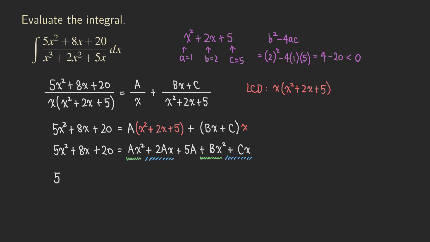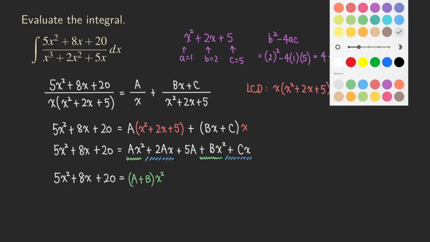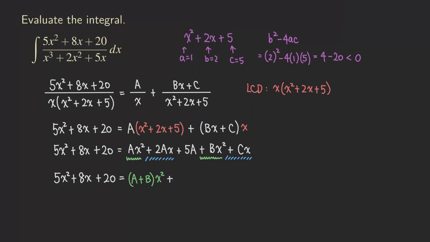So we get 5x squared plus ax plus 20 is equal to, okay, the quadratic terms, so we have (a plus b) x squared, plus the linear term (2a plus c) times x, and then just the constant term, 5a.